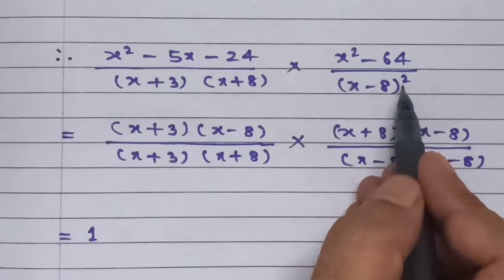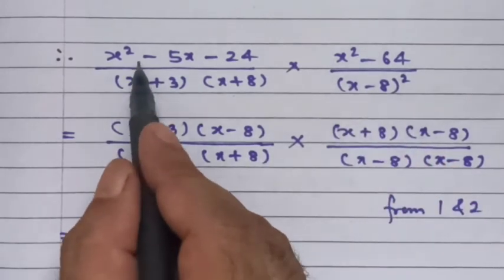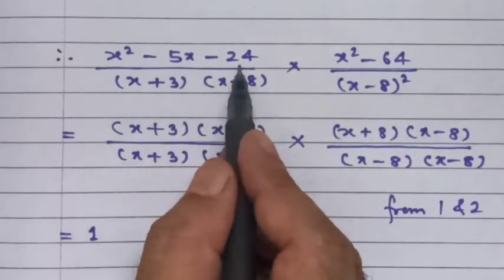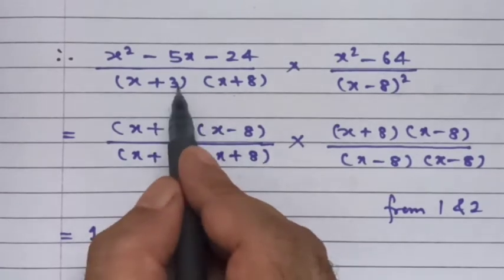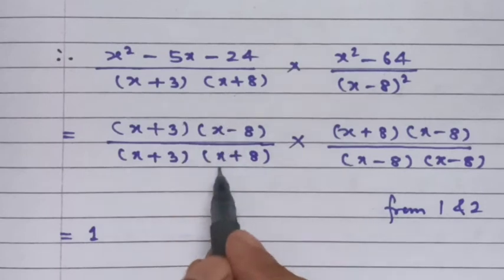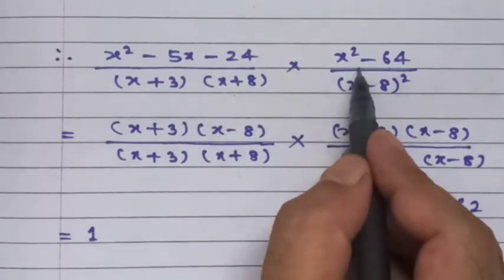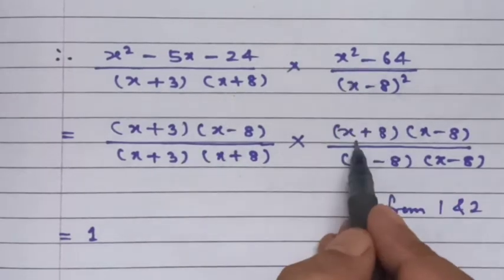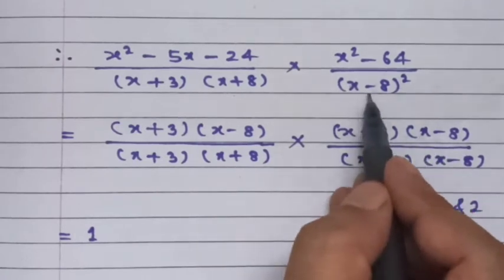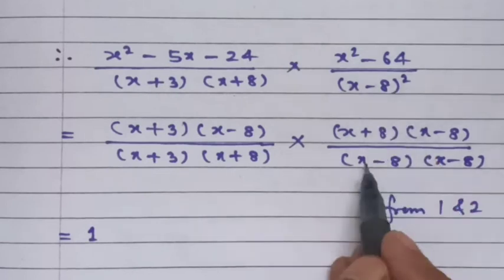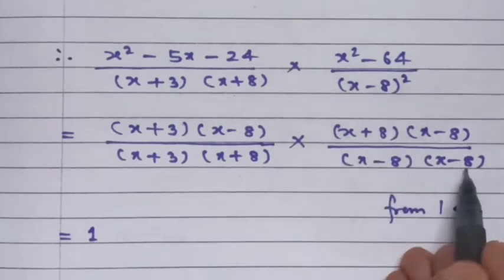Now put the values from first and second. This x square minus 5x minus 24 can be written as x plus 3 into x minus 8. x plus 3, x plus 8 is as it is, into this can be written as x plus 8 into x minus 8, upon x minus 8 whole square, means x minus 8 into x minus 8.